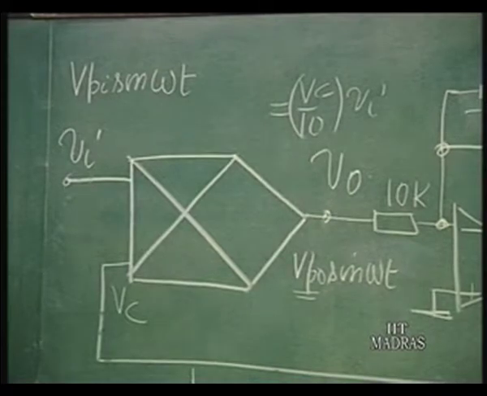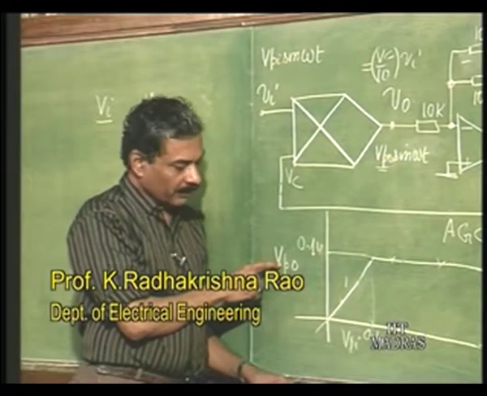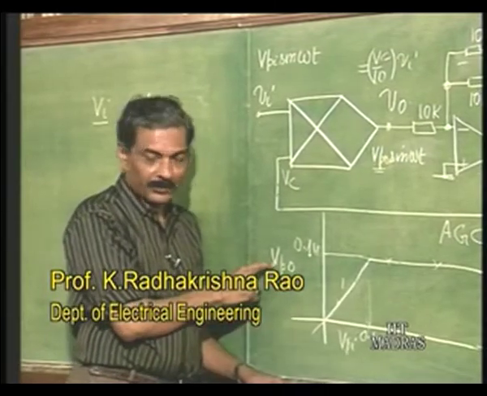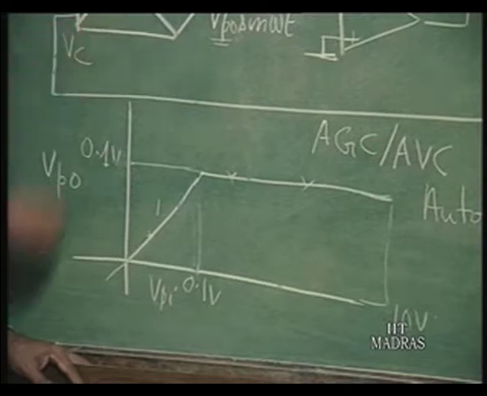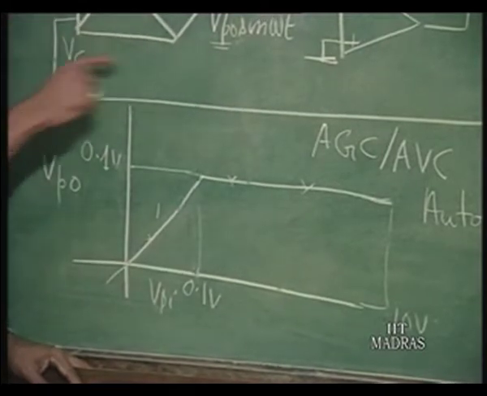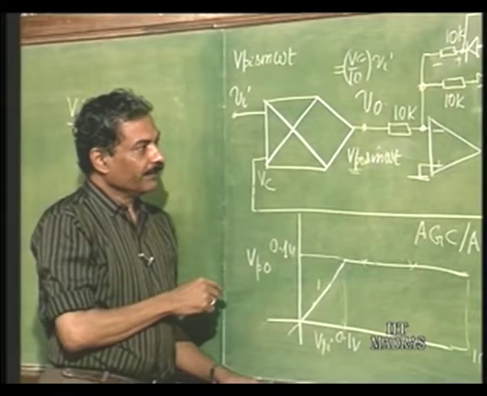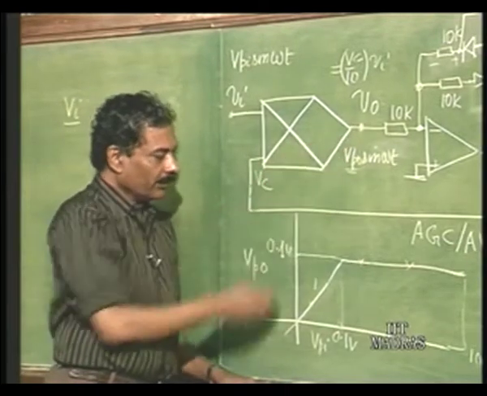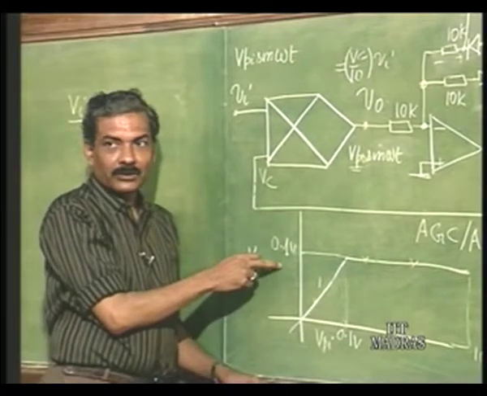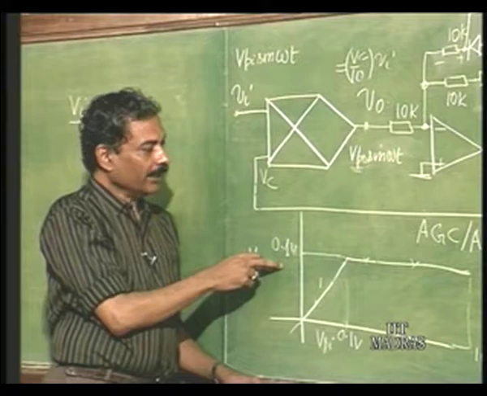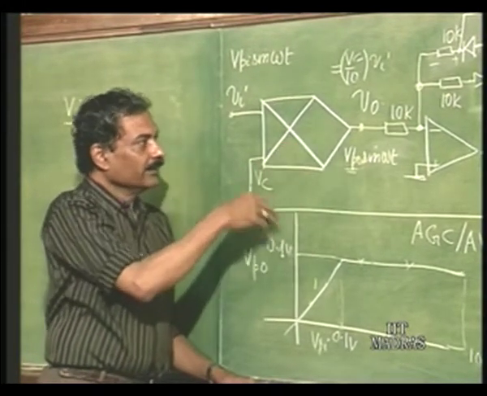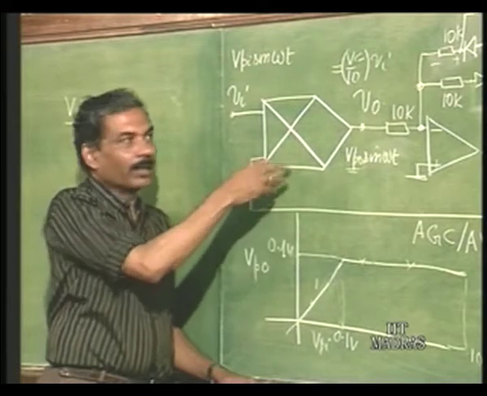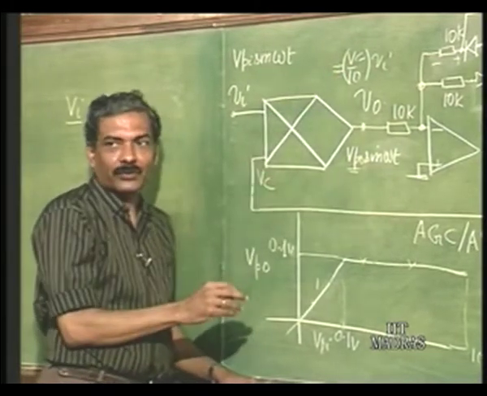So, strictly speaking, if we were to plot V P naught versus V P I, peak output voltage versus peak input voltage, in a situation like this, in the multiplier case, if we were to expect an output of let us say 0.1 volt peak, then until the gain of this is maximum equal to 1, because V C can at most go to 10 volts, let us say.